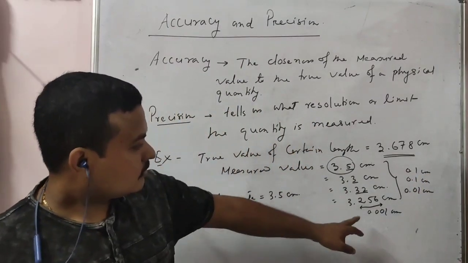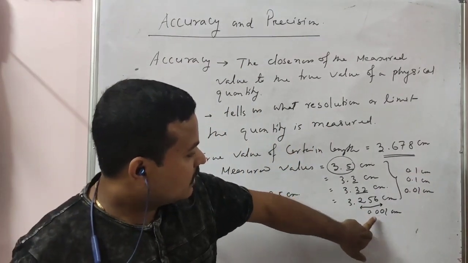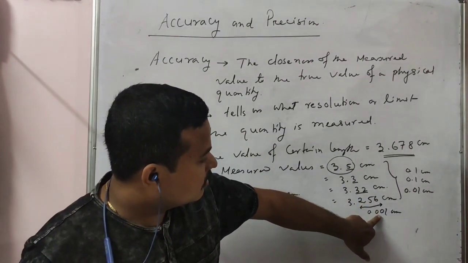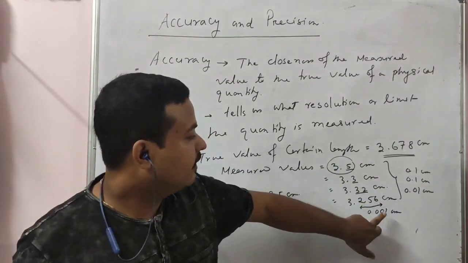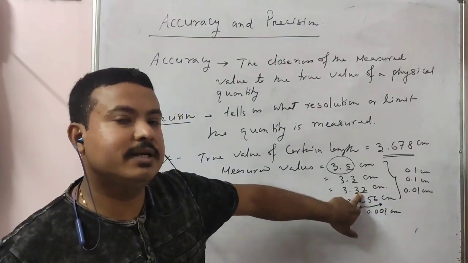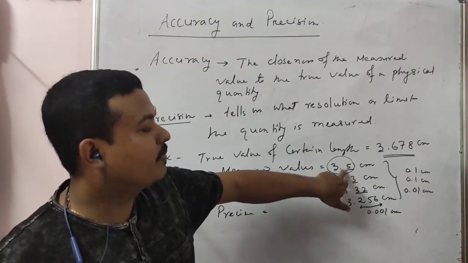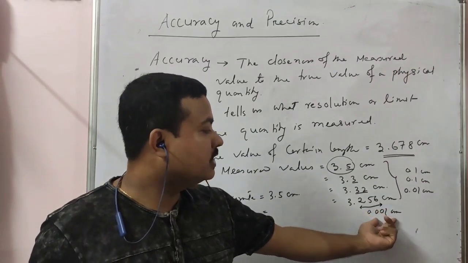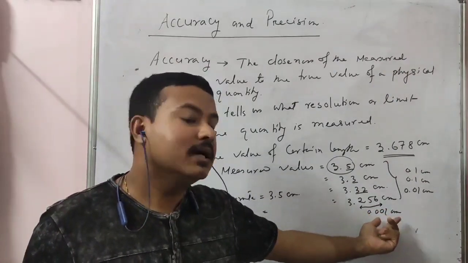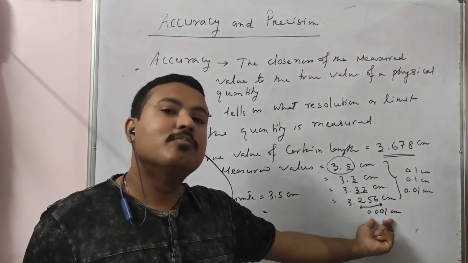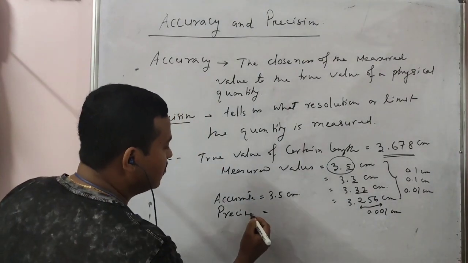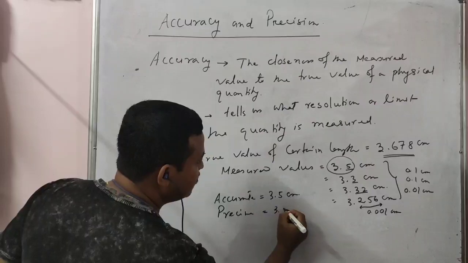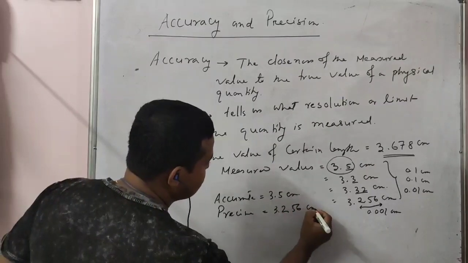That means 3.256 centimeter means what? Here up to 3 decimal points measurement can be done. Here up to 2 decimal points. Here only up to 1, here also up to 1. So here up to 3 decimal point measurement can be done, that means it will be more precise. So the more precise value will be 3.256 centimeter.